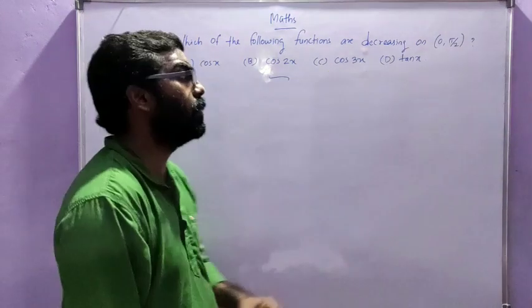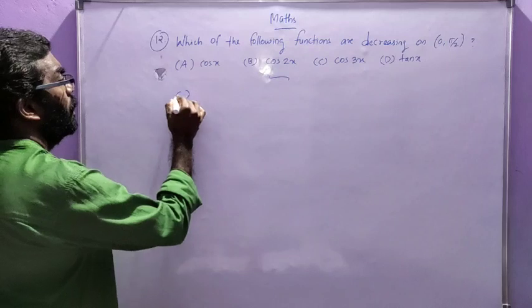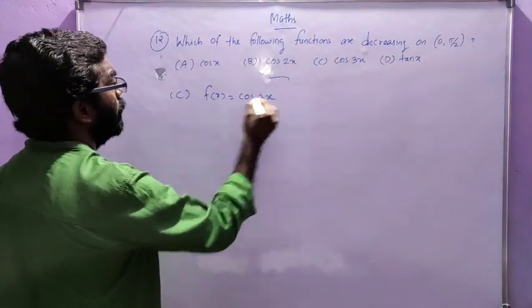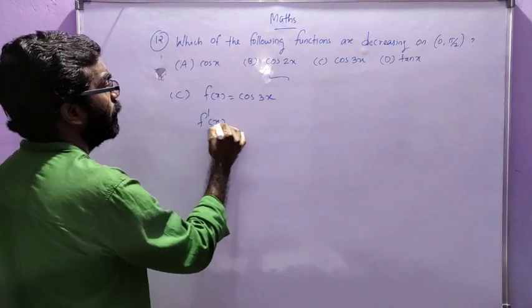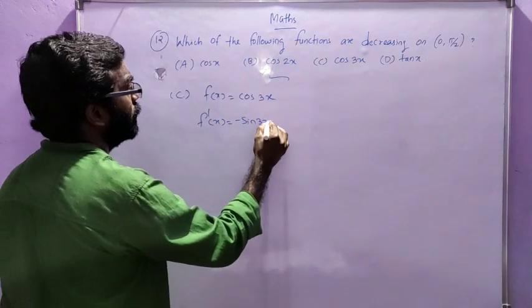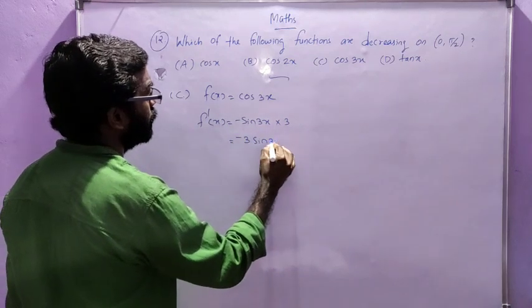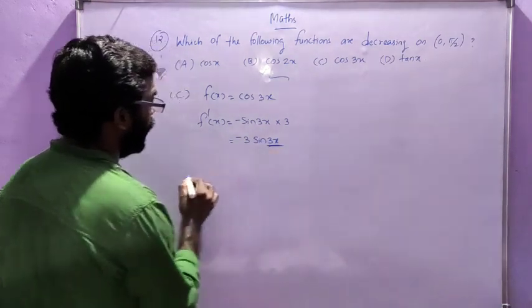Now consider the third one, C, f of x is equal to cos 3x. Here f dash of x is equal to minus sin 3x into 3, or we can write minus 3 sin 3x. So here the angle is 3x.